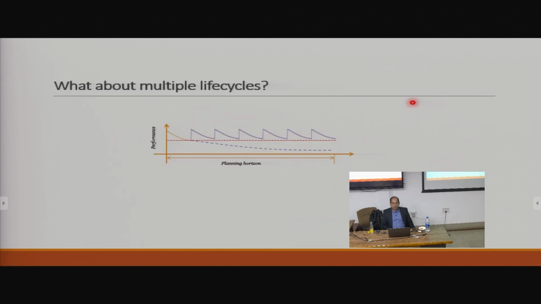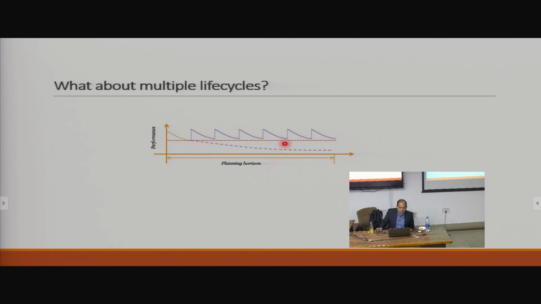Now, the other aspect of this is multiple life cycles. We like talking about planning horizon. We don't think repairable systems really work without a planning horizon. So let's say there's some measure of performance that goes down over time, right? We look at a baseline that we guarantee.